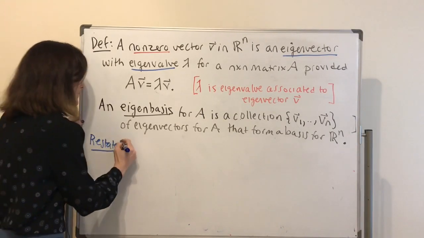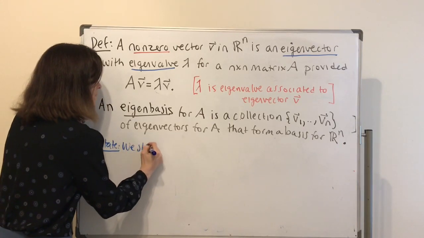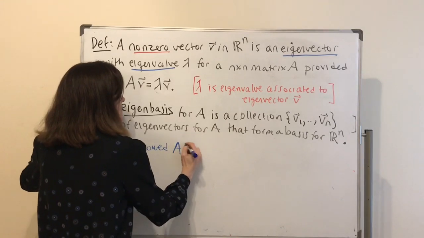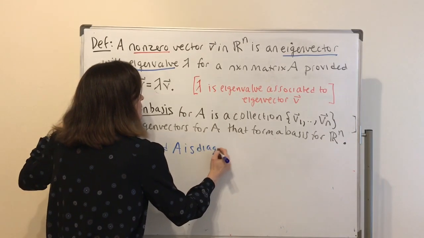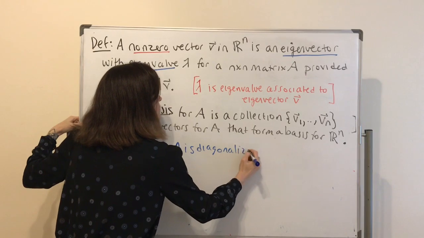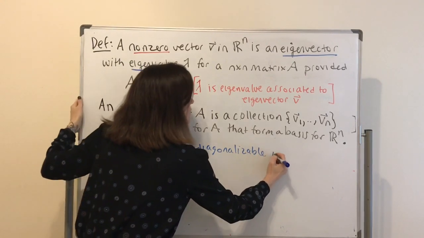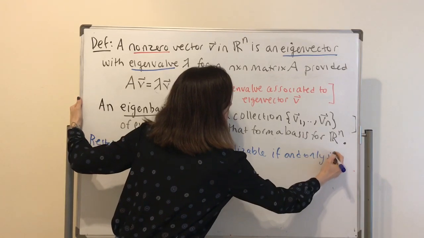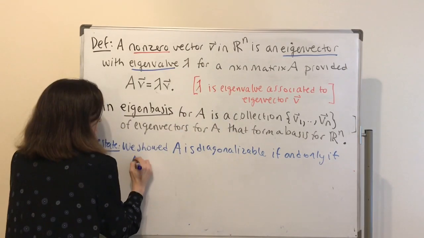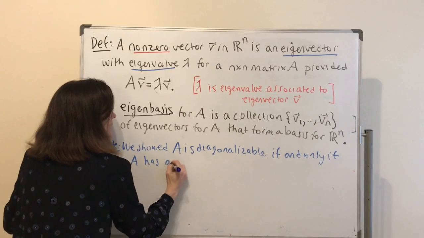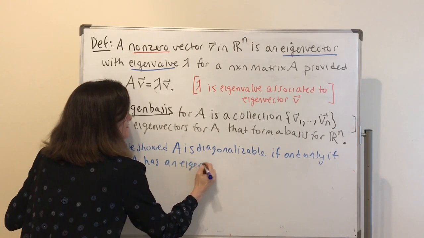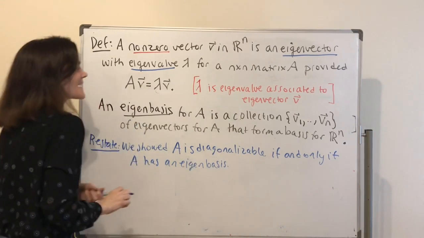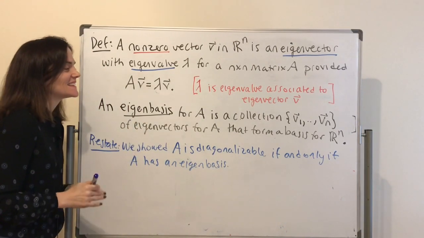We showed A is diagonalizable if and only if A has an eigenbasis. Okay? This is what we showed.